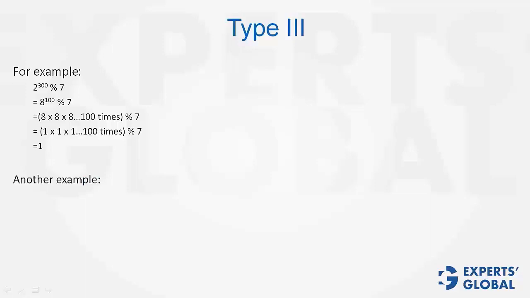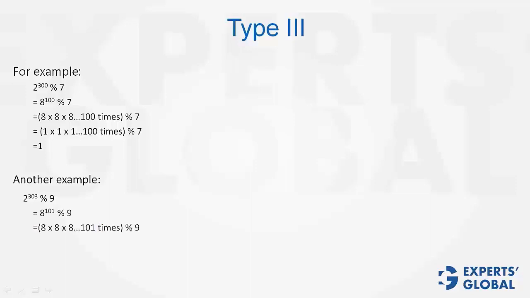Let's take one more example. Let's say the remainder of 2 to the power of 303 with 9. In this case, you see 2 cubed is 8, and 8 gives remainder negative 1 with 9. We write this as 8 to the power of 101 with 9.